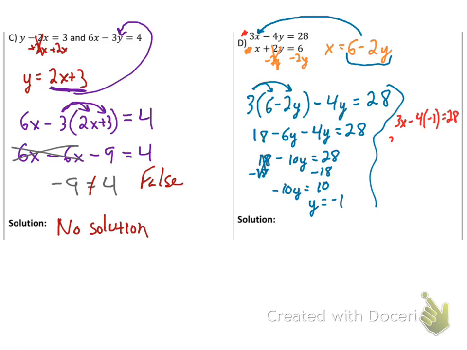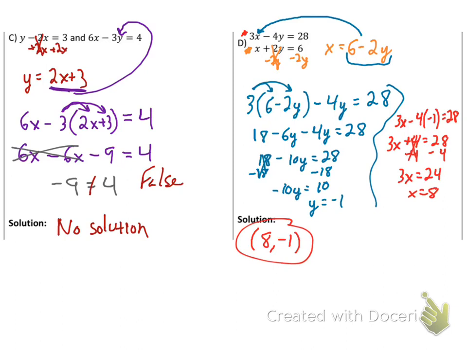So if I solve this, 3x, -4 times -1 gives me +4 equals 28. If I subtract 4 from both sides, I'll have 3x equals 24. So x equals 8. All right. So the solution here is 8 comma -1.